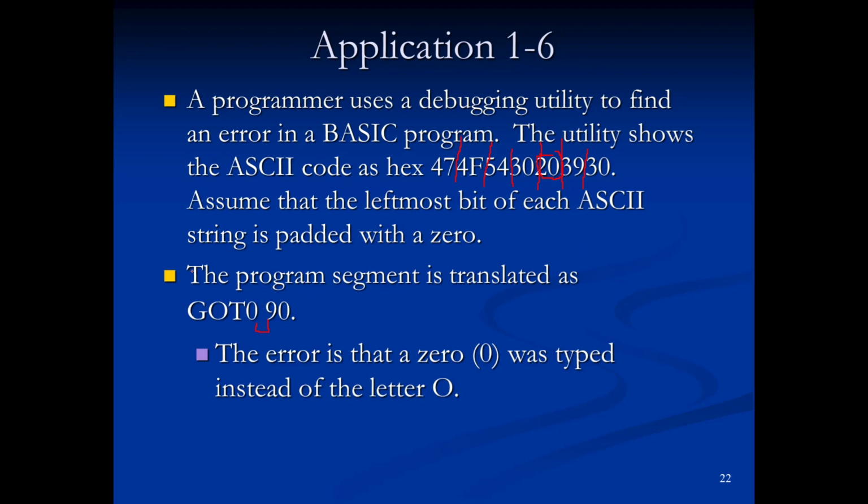So after we translate with our handy-dandy ASCII table, we find out that this is the string that the utility is showing as being the error. And the error is, well, it looks like the programmer meant to type go2, but he typed a 0 instead of an O. So that's what threw the error.